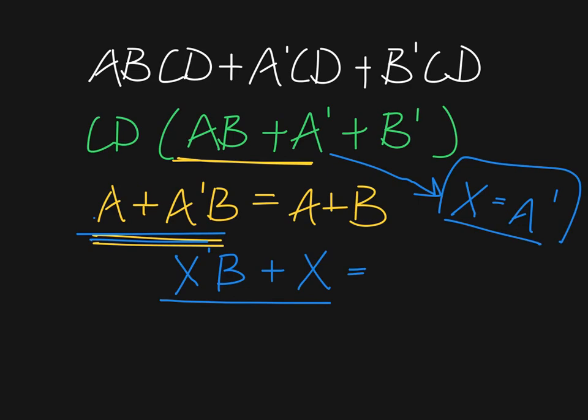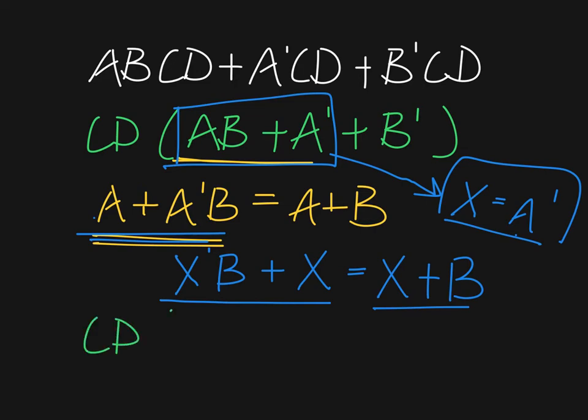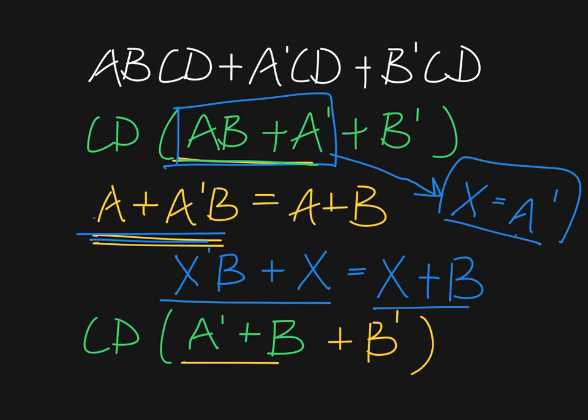So if I write that out using that conversion rule, I should find it's X plus B. So I can convert this section using this, and we end up with CD staying the same, but instead of this block here, we end up with A' plus B, and over here the B' is still there.